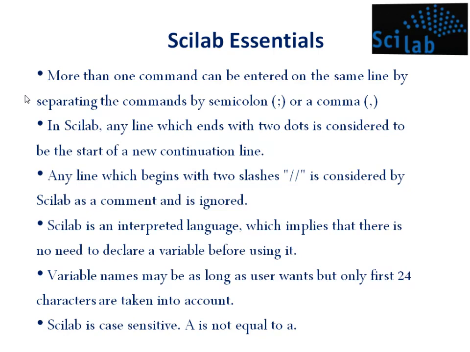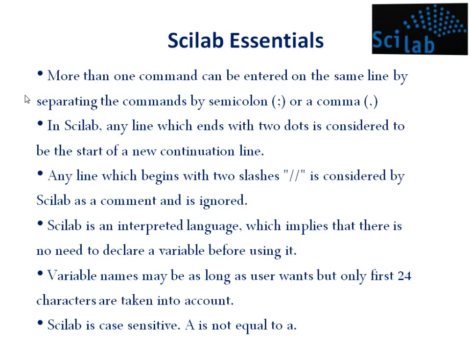In Scilab, any line which ends with two dots is considered to be continued on a new line. Any line which begins with two slashes is considered by Scilab as a comment and it is ignored by Scilab.